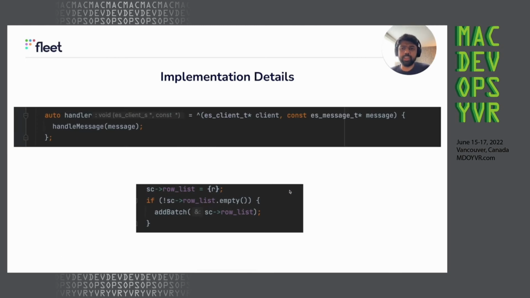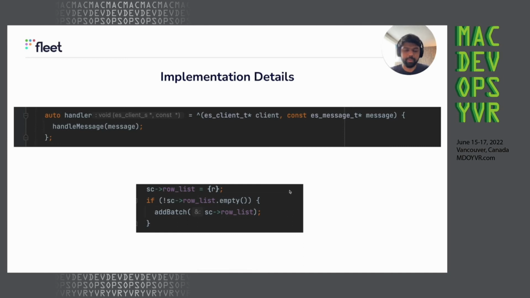Next up, we set up the handler for the ES client. So this handler will be called every time we have a message from the endpoint security subsystem. This handle message here would process it, parse it, do what's needed based on the event type.